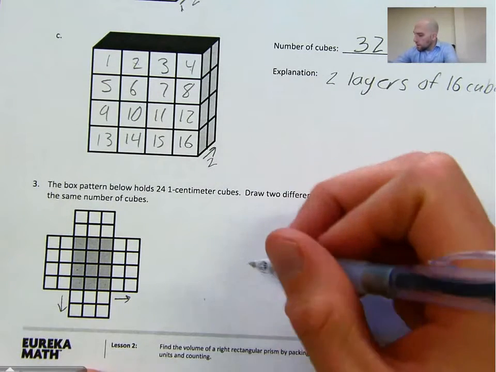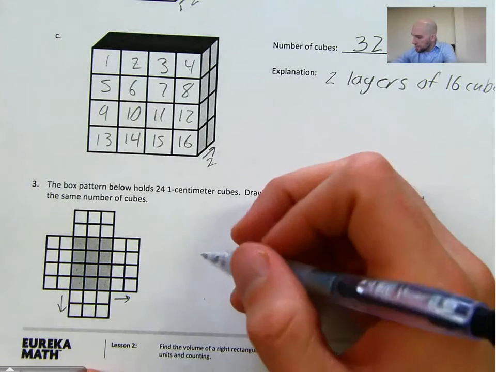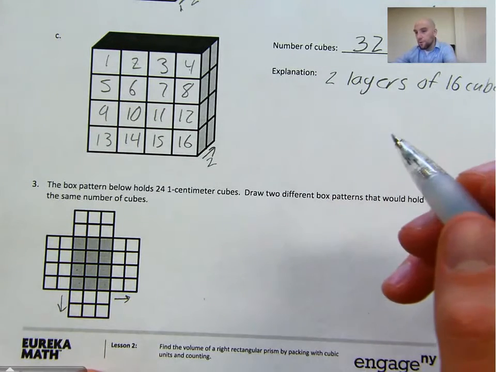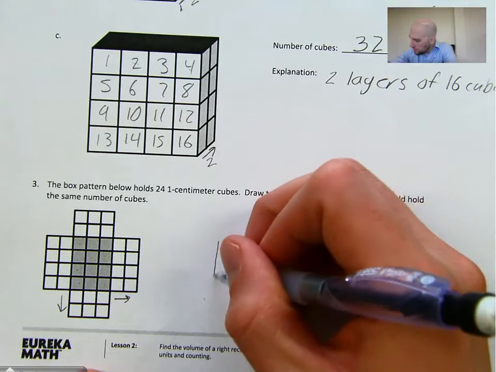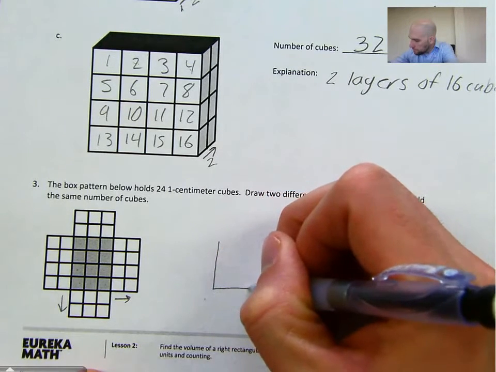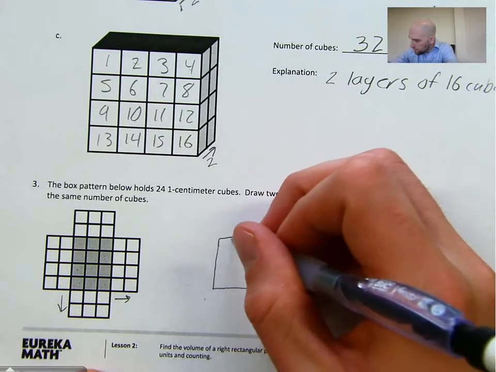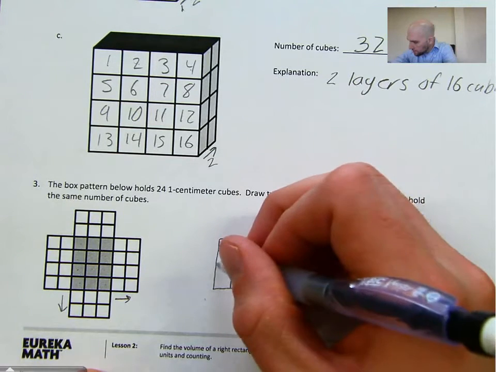Another way that we could draw that to make 24 centimeter cubes fit inside of the box is, well, let's do, 6 times 4 is 24. So we could do 4 layers of 6. So if I add 6 on the bottom, we add, let's make it 3 and 3, just like this.